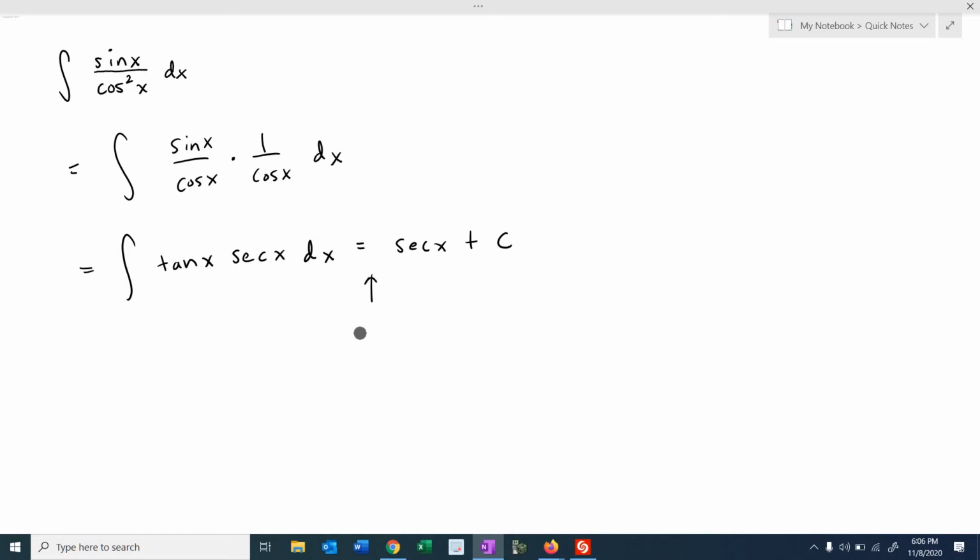Now, if you remember your derivatives, that's because the derivative of secant is secant times tangent. Of course, the derivative of the constant would be 0. So this checks out if you want to check it by taking the derivative of it. The derivative of this gives you this.